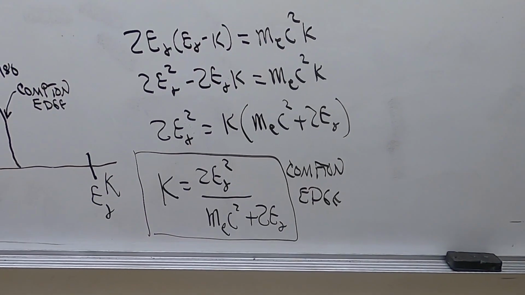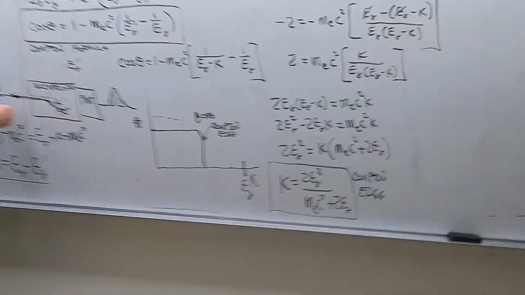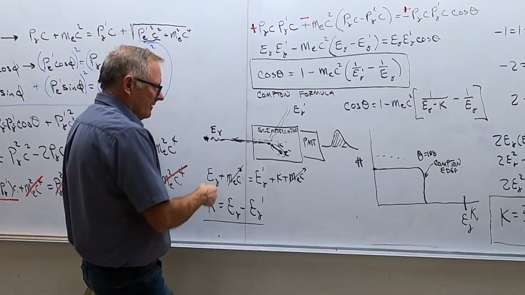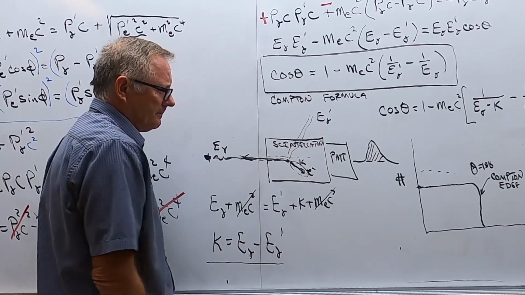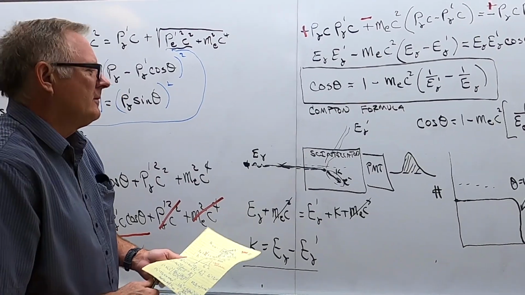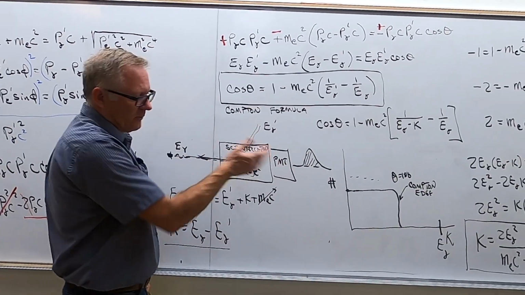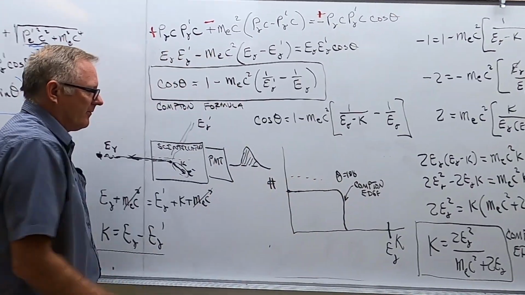Now, we're still going to get some photoelectric effect in here. And remember, we said the probability goes down, but you're still going to get some. Well, for the photoelectric effect, what would they look like over here? It wouldn't be this equation, because that's the Compton effect.